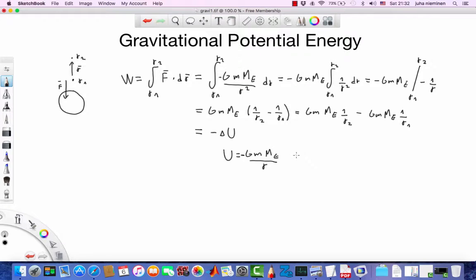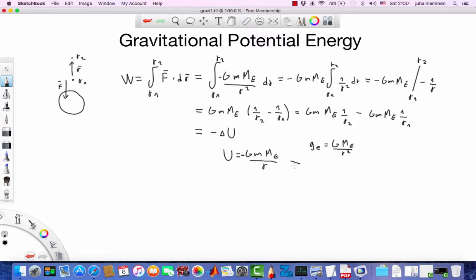Bear with me with the signs and all that stuff for a little more while, and we'll get some practical explanation for this kind of behavior. If you remember from the previous video, we were able to say that the gravitational acceleration on Earth was capital G times mass of the Earth divided by r squared.